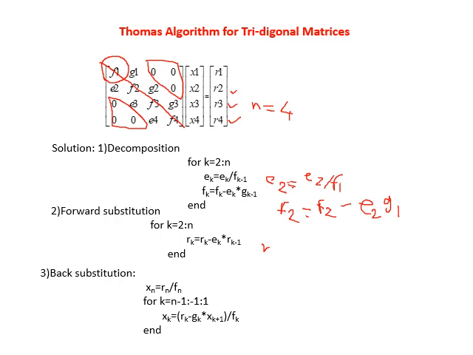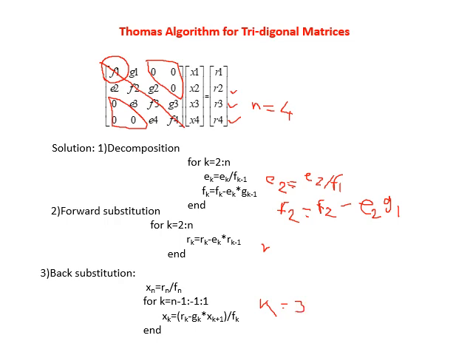The last stage is called the back substitution. In the back substitution, we can write that xn is equal to rn upon fn. In this case, n is equal to 4, so x4 will be equal to r4 upon f4. And for k running from n minus 1 with a decrement of 1 down to 1, that means k will run from 3, 2 and 1.